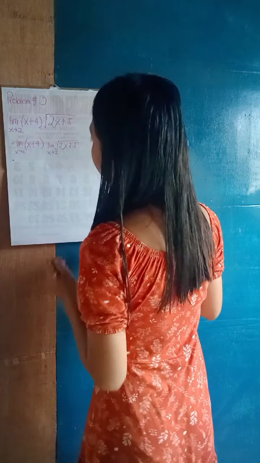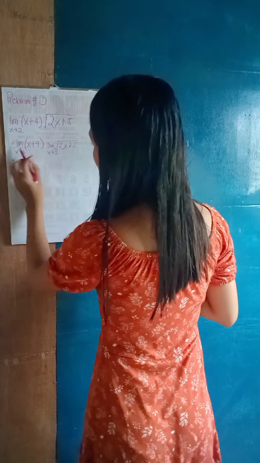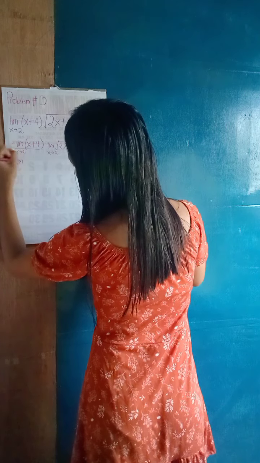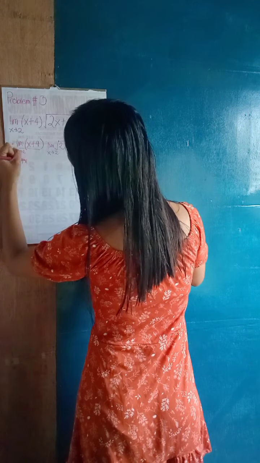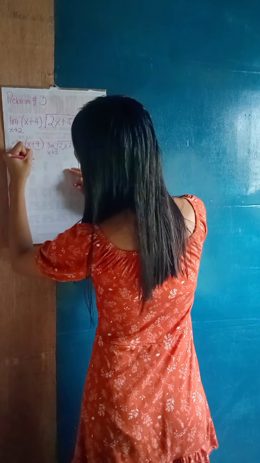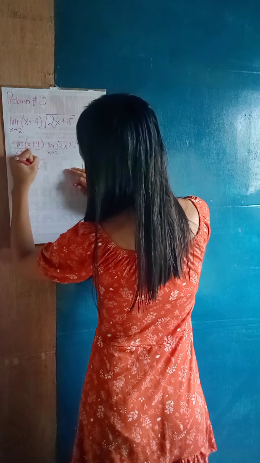Then, apply limit number 4 to this part only. So this will become quantity limit x as x approaches 2 plus limit 4 as x approaches 2.